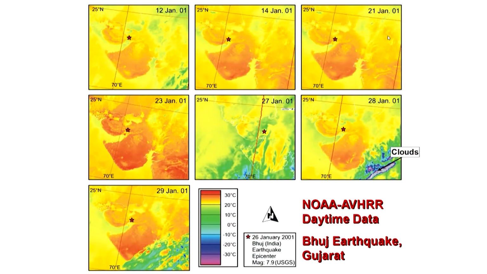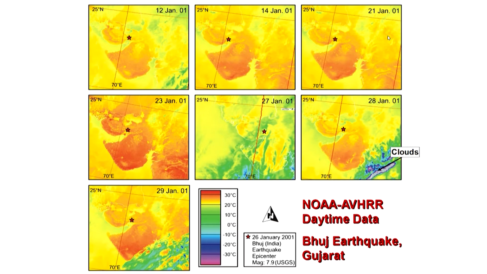The first example I am going to take is again the Bhuj earthquake of 26 January 2001. This data is not from our satellite earth station; it was acquired from NIO Goa, and they were not recording regularly.